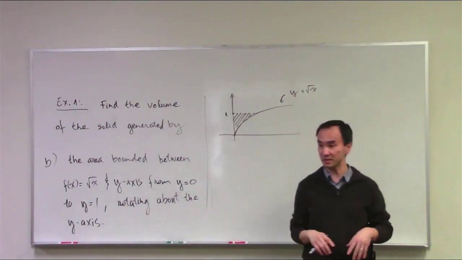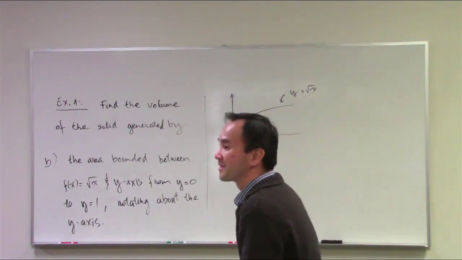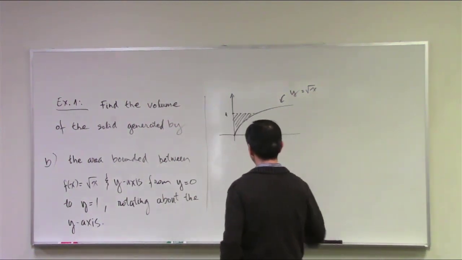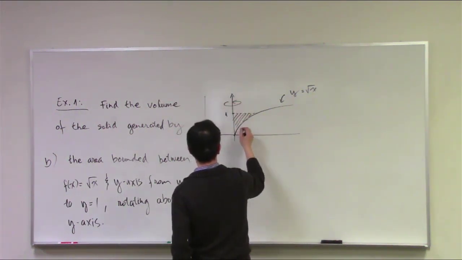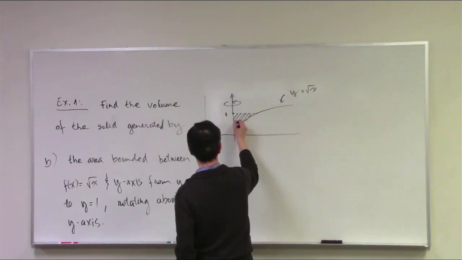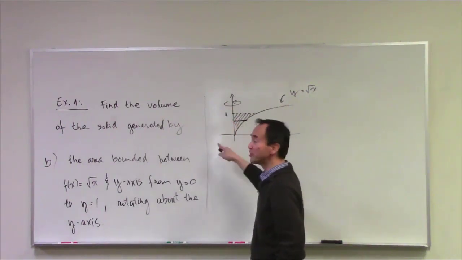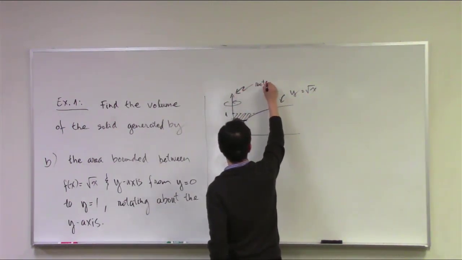Same curve, but we can draw a completely different region already. See what I'm saying now? And then we're rotating around the y-axis, so it goes this way. So now we're going to produce our stripes to be perpendicular. I keep repeating, the stripe has got to be perpendicular to the rotation axis. The rotation axis this time is here.